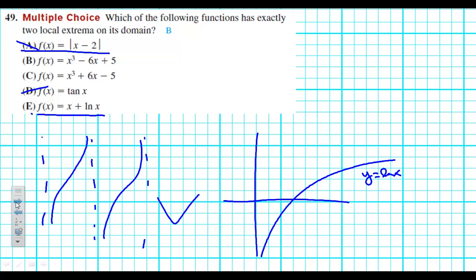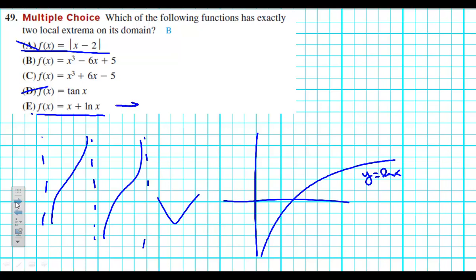If you add x to every single value, because natural log x is only defined for positive values of x, I don't see this having any local extrema, just from my knowledge of that graph. Now, Marley, you want to attack this problem in terms of looking at critical values?